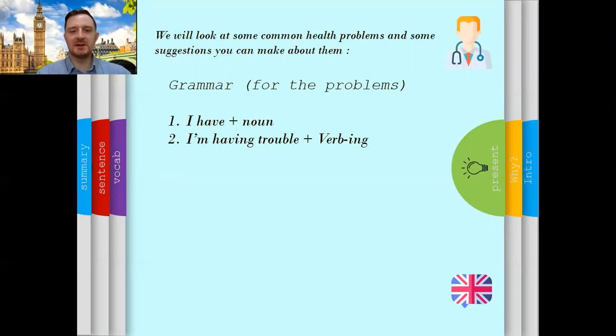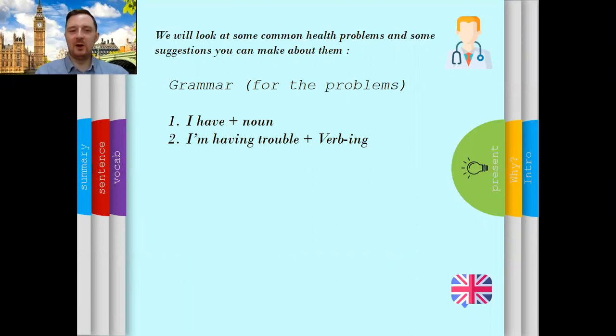The first option is I have, okay? And then we'll use the noun, which is the problem or the sickness. Number two, the other option is I'm having trouble, verb ing.